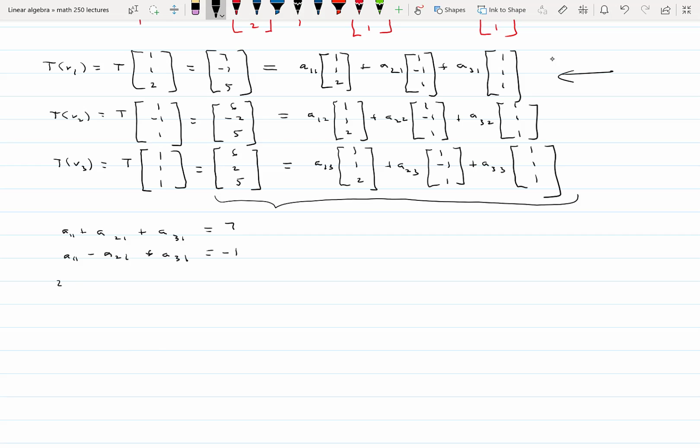And finally 2A11 plus A21 plus A31. Let's see if I got that right. Yes. So much going on. Equals 5. There's the first system.